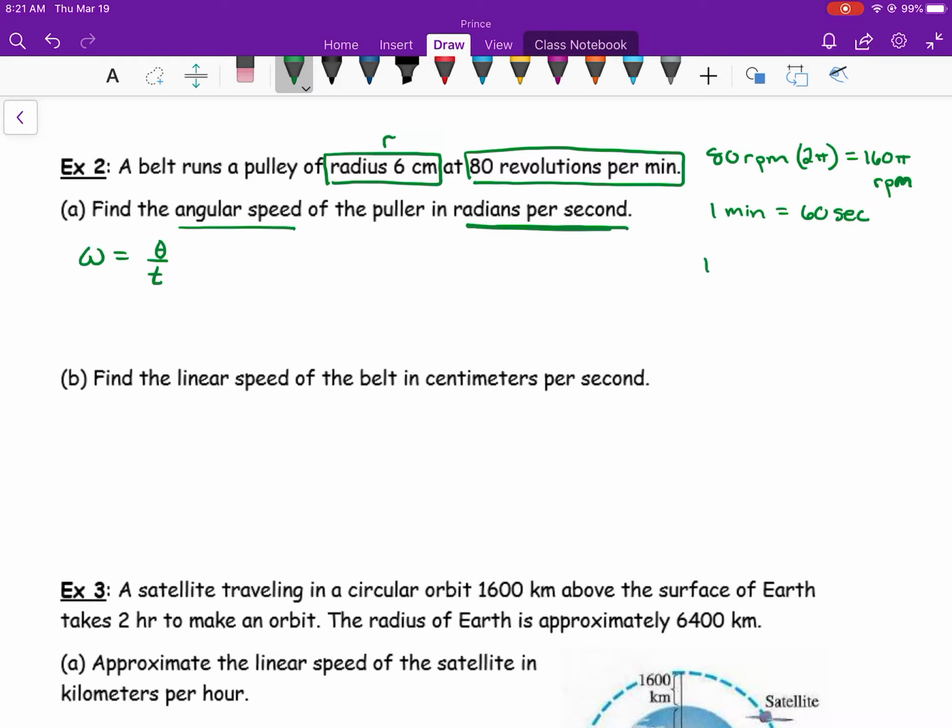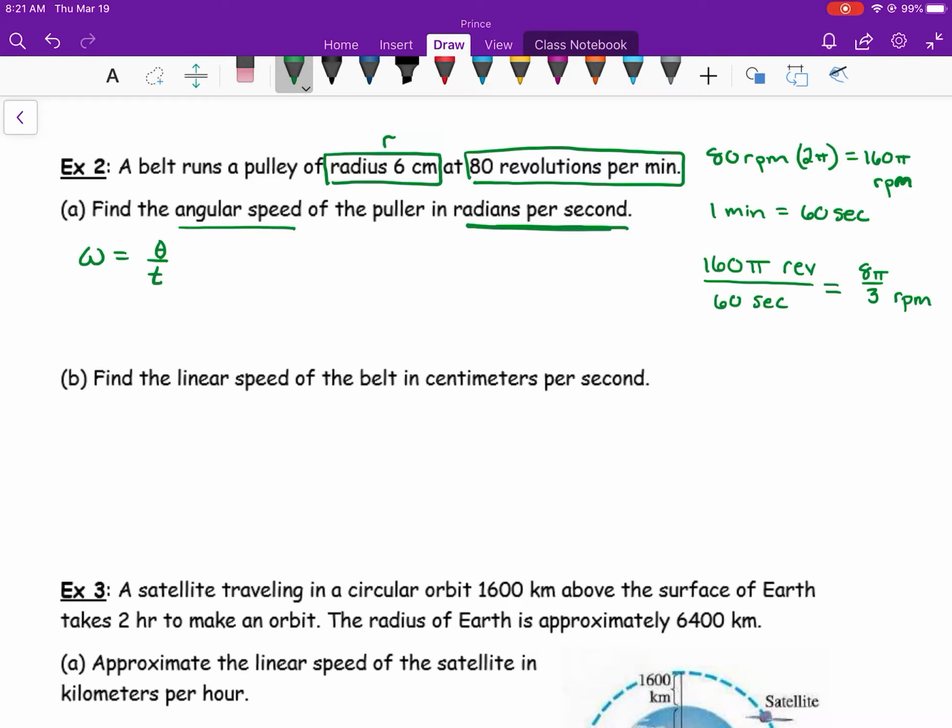Okay, so we take our 160 pi. This is our revolutions. And we want it in per second, so we'll divide by 60 seconds. So just a matter of simplifying things. Alright, so this simplifies to 8 pi over 3 revolutions per minute.